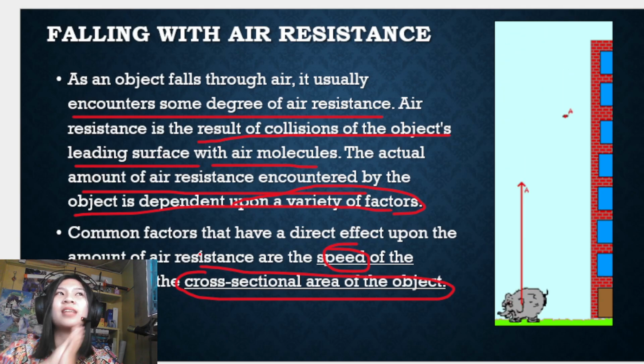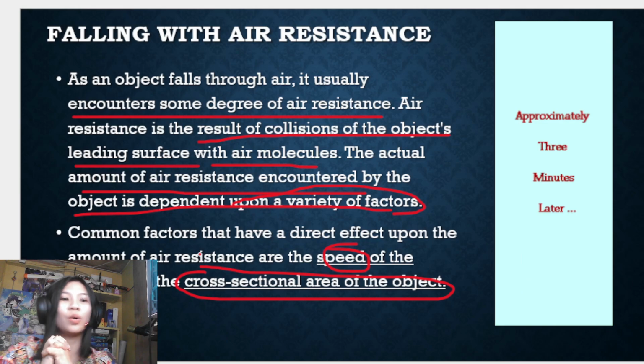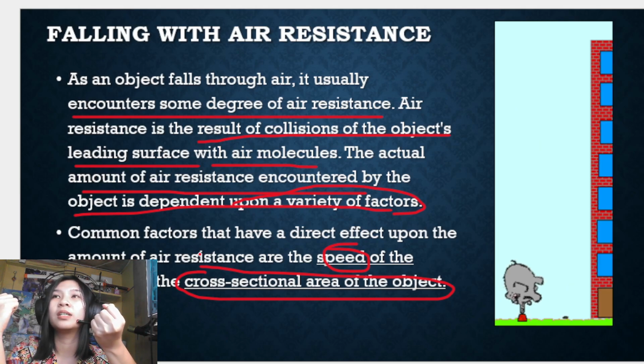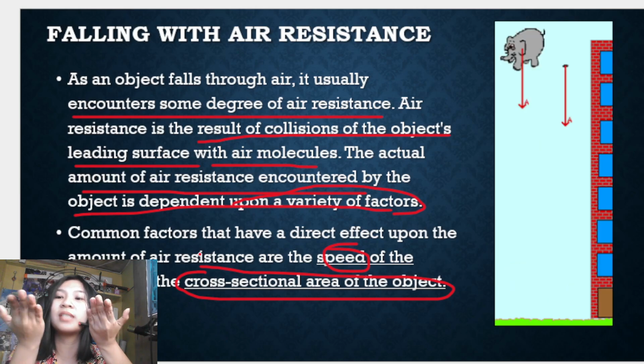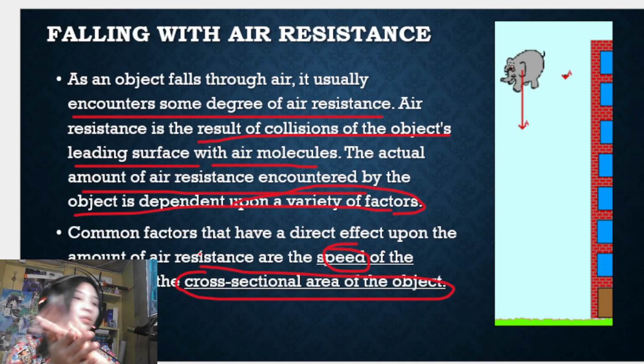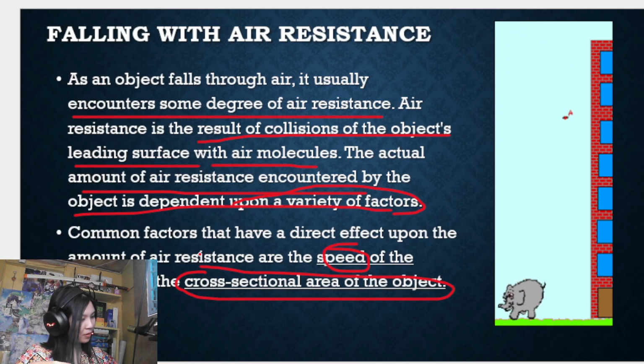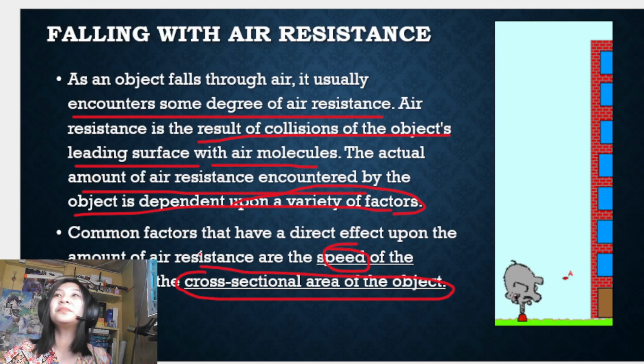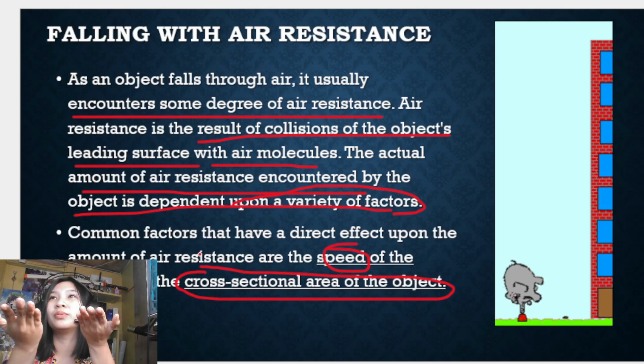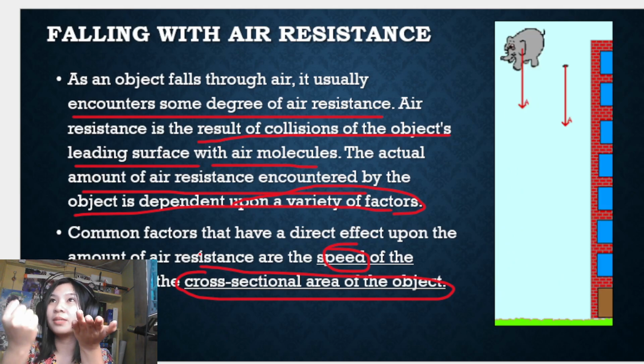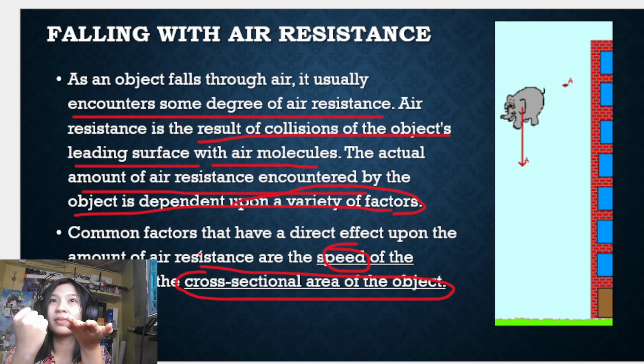So that is the same situation as a crumpled paper. Let's say we have two kinds of paper, the same paper. Let's say bond paper. No? We have two papers. One is crumpled, the other is laid flat.